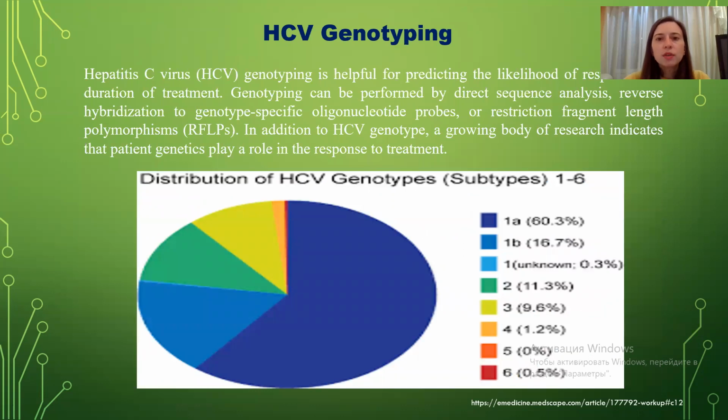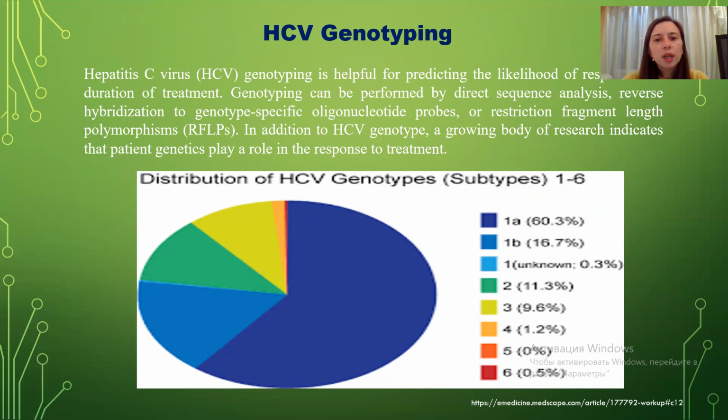And HCV genotyping. Hepatitis C virus genotyping is helpful for predicting the likelihood of response and duration of treatment. Genotyping can be performed by direct sequence analysis, reverse hybridization to genotype-specific oligonucleotide probes, or restriction fragment length polymorphism.